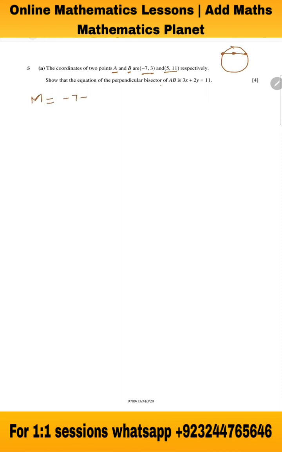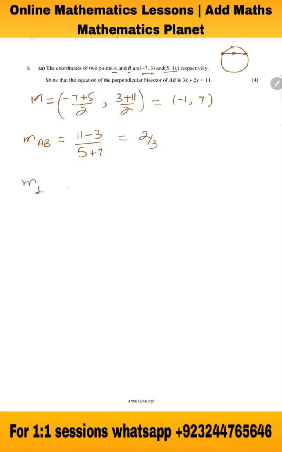It will be equal to -7 plus 5 by 2, 3 plus 11 by 2, which is equal to -1, 7. Okay, so the gradient of AB will be calculated, and the gradient of the perpendicular bisector will be equal to -1 over 2 by 3, which is equal to -3 by 2.